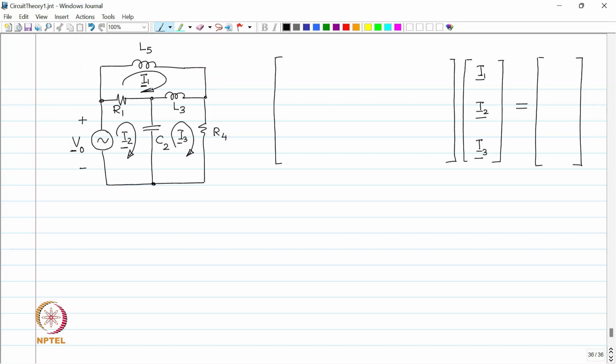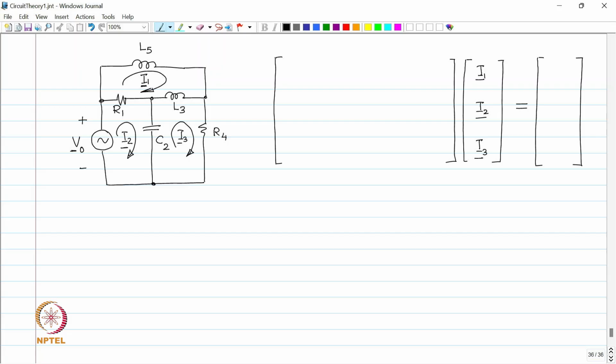Okay. Loop number 1, the sum of the voltage drops is equal to 0. This is KVL. So, sum of all the voltage drops is equal to 0. So, drop across L 5 is what? J omega L 5 times I 1. Drop across L 3 is how much?